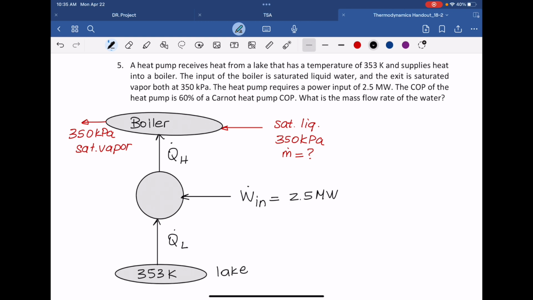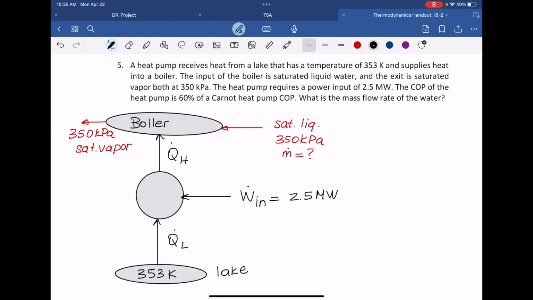Because, well, we know that in a perfect ideal case, the perfect coefficient of performance for a heat pump is the reversible or Carnot heat pump. So within the heat pump, every device works perfectly. That is going to give us the perfect coefficient of performance.